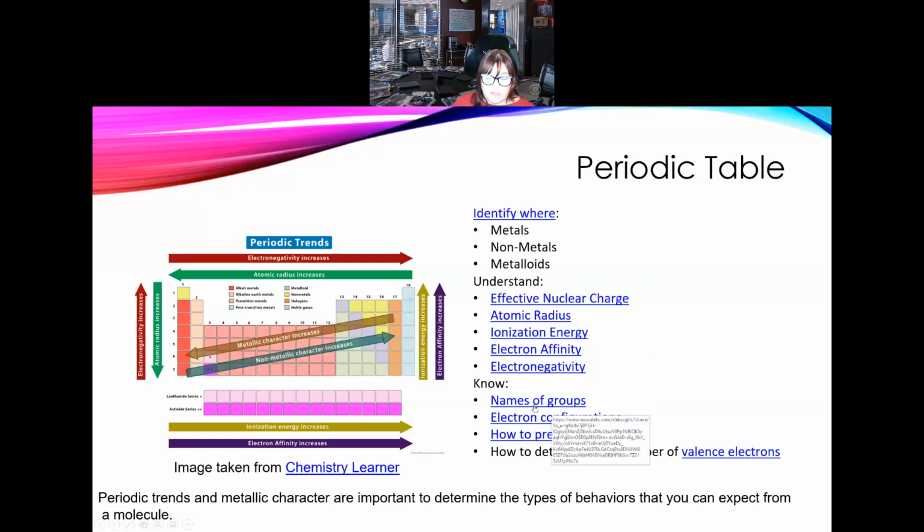So I said there were a couple of groups that you need to know the names for. That's the alkali metals, the alkaline earth metals, the chalcogens, halogens, and noble gases. Okay? You need to be able to write an electron configuration. Now, am I specifically going to ask you about an electron configuration? No, not necessarily. But you do need to know what they mean.